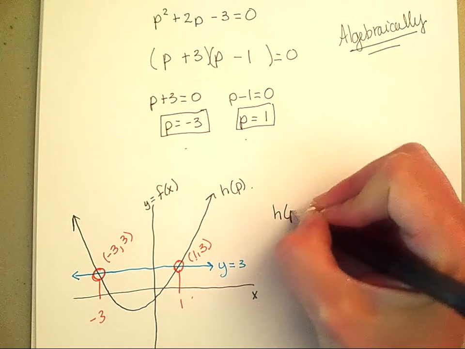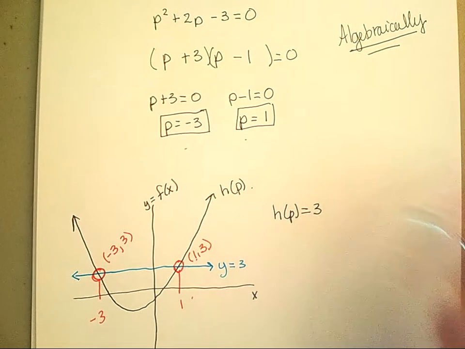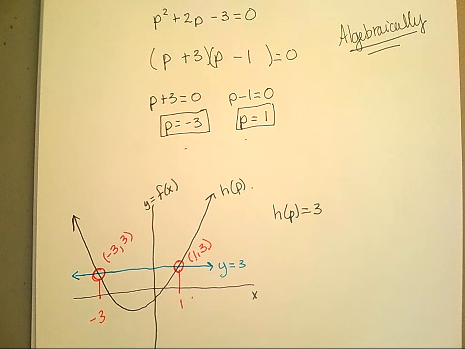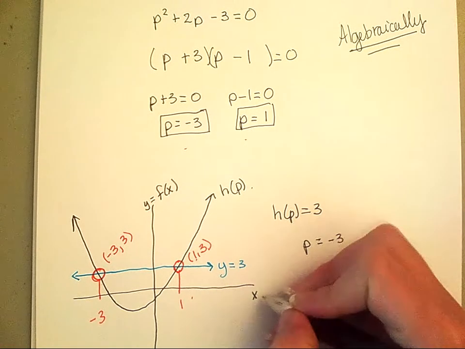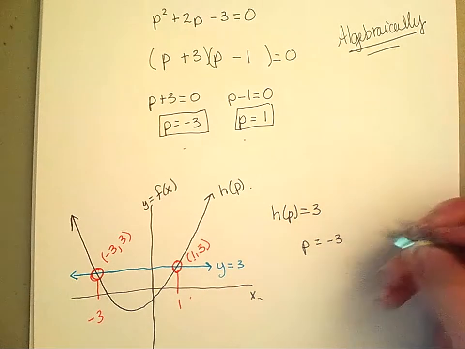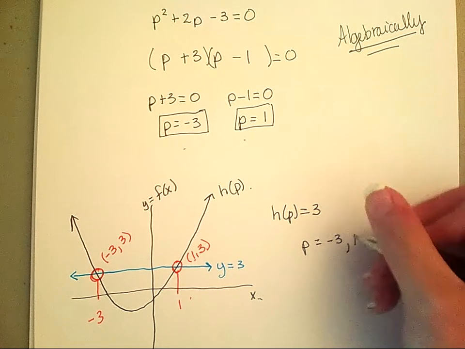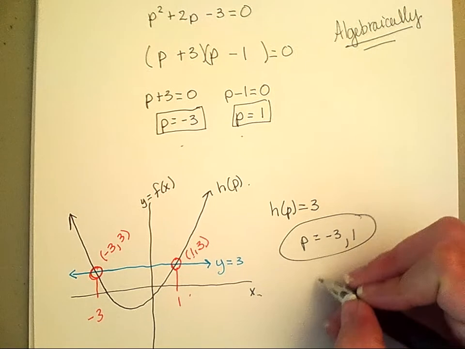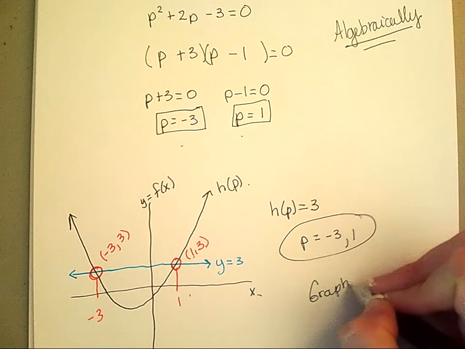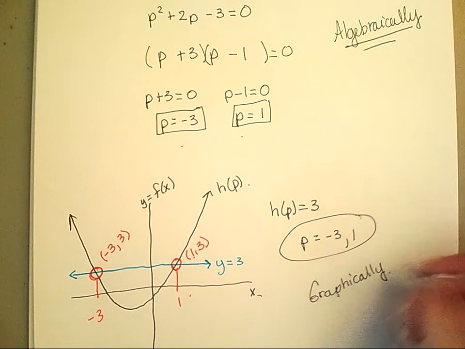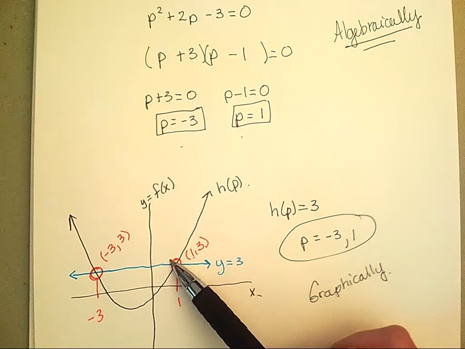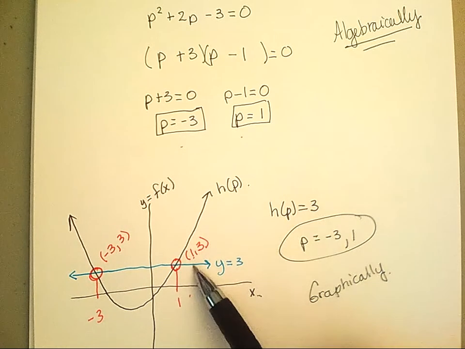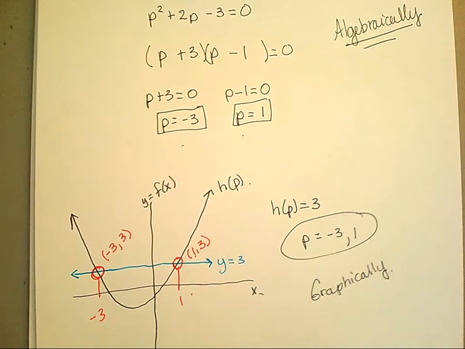Where is it that h of p is equal to 3? Well, that's when p is equal to negative 3, because p is playing the role of x, and 1. And this is known as solving graphically. We graph the left-hand side of the equation, h of p, and then we graph the right-hand side, 3, and we look for intersection points. That is solving graphically.